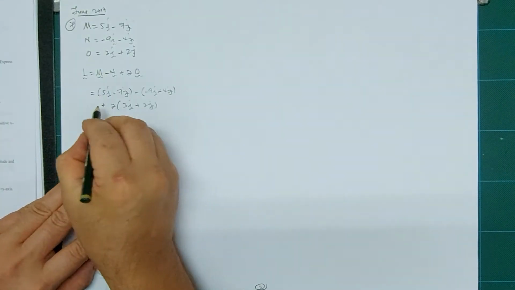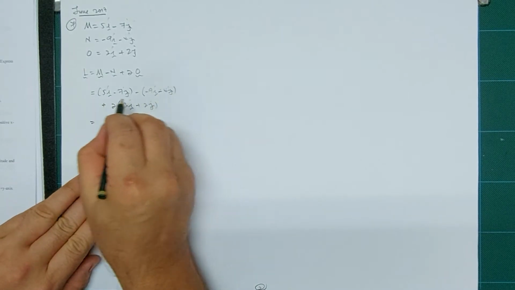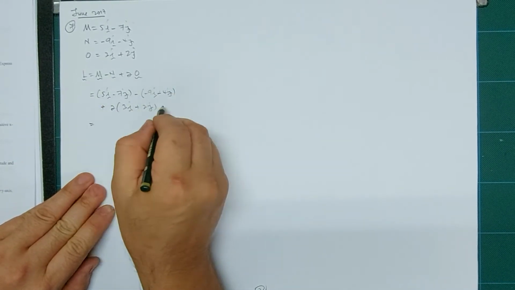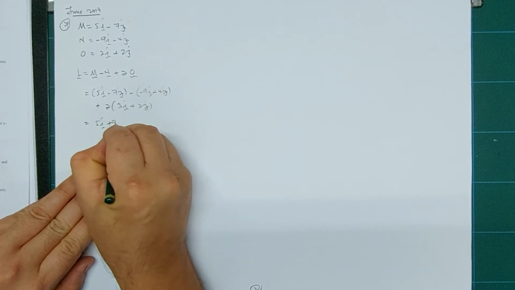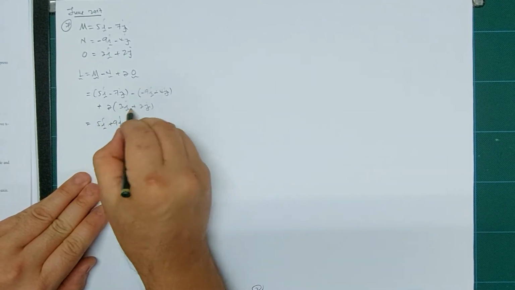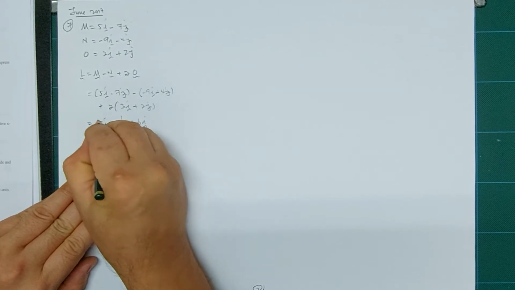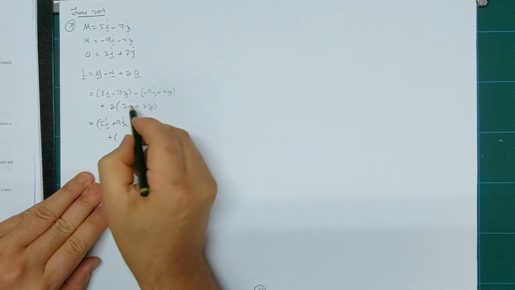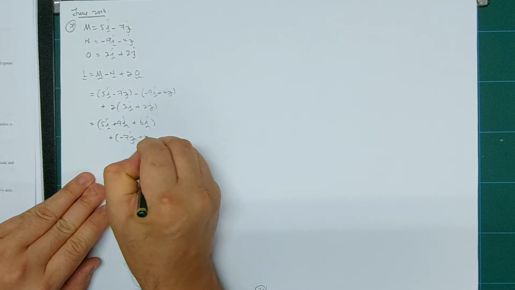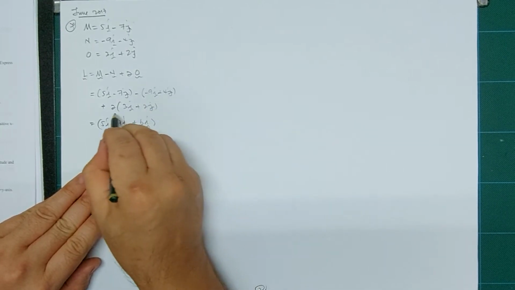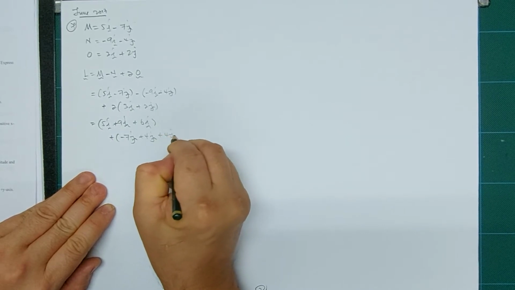We can open up that one and then combine the I with the I and the J with the J. So we have 5I, minus minus becomes plus 5I, and plus 6I. We're done with I. Next one is J. Negative 7J, then minus minus becomes plus 4J, and the last one is plus 4J again.